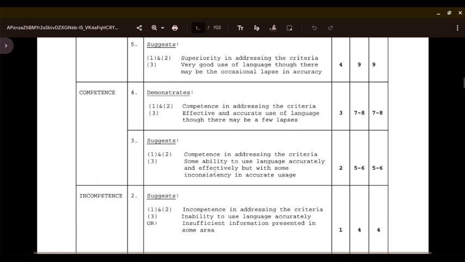Now, I just want to create what in my head is the distinction between level 2 and level 3. Level 2 and level 3 both have suggest, right? If you notice that, they would have suggest incompetence or suggest competence. But if I read your work and I feel like, hey, I think I get something, I'm probably going to think of your work as suggesting competence.